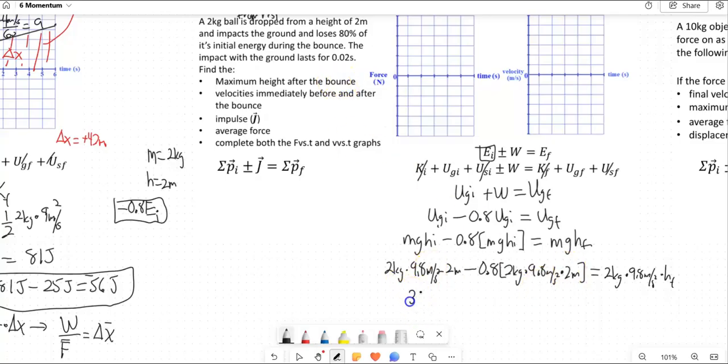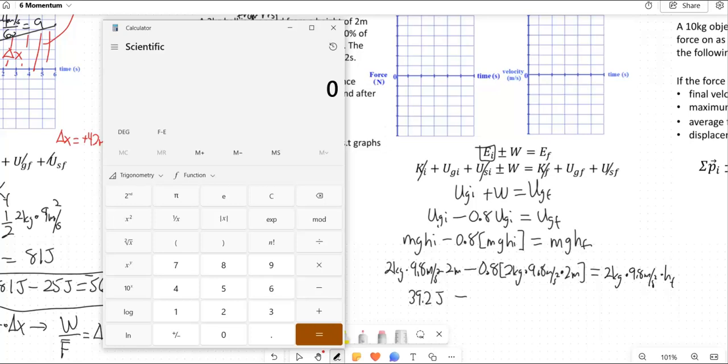So this is 39.2 joules. This is going to be 80% of 39.2, so 0.8 times 39.2, that's 31.36.